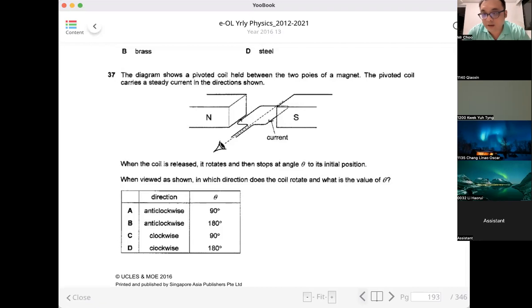Is the magnetic interference known as magnetic flux linkage? Where did you hear of this, Ryan? Okay, what you are saying actually is correct.